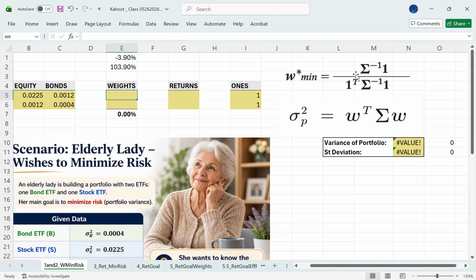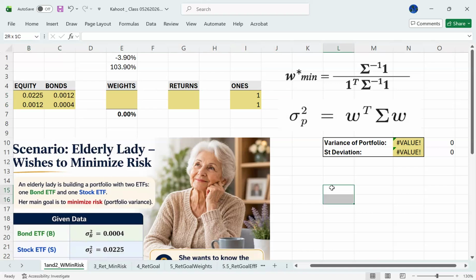Perhaps it's going to be a good thing to split this formula into two parts, the numerator and the denominator. Okay, so the numerator is covariance inverse times ones. Ones is this matrix, covariance is this matrix. So we're going to get the inverse of the covariance matrix, and we will multiply by the ones.